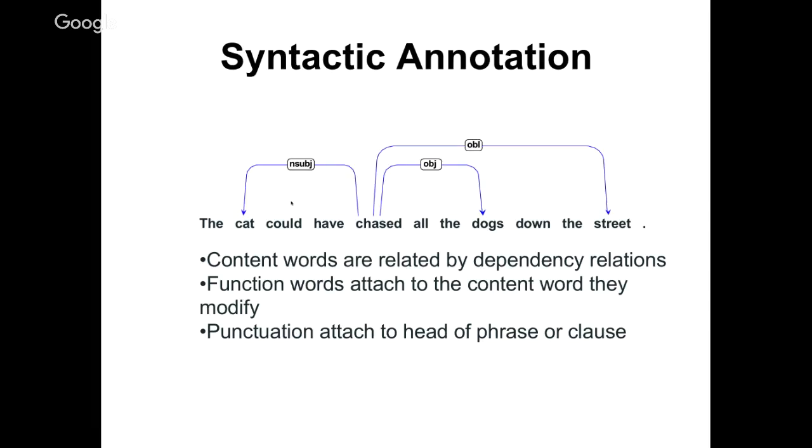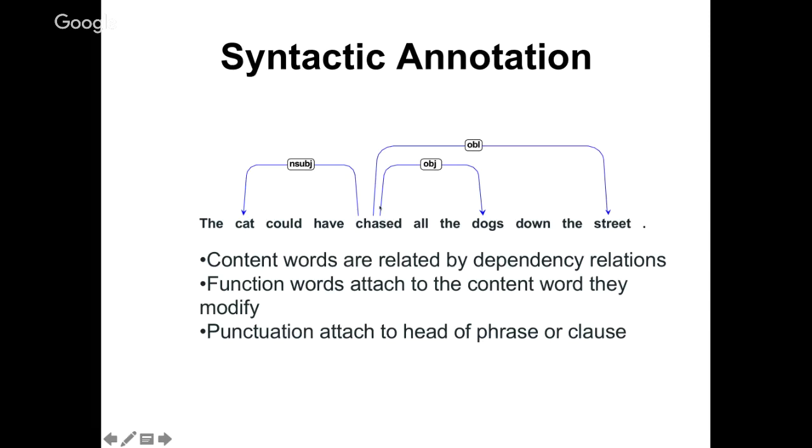So in this sentence, the cat could have chased all the dogs down the street. We find 4 content words: cat, chased, dogs, and street. And what you do is start to build the basic dependencies in your first Universal Dependencies tree.